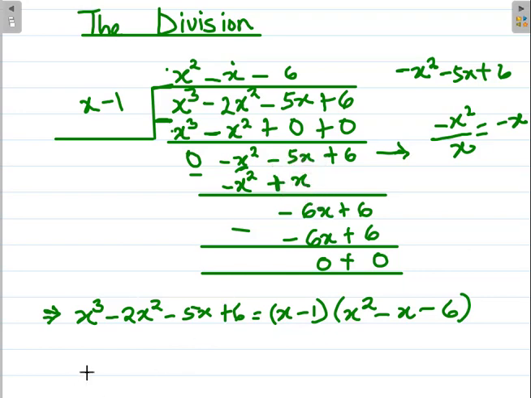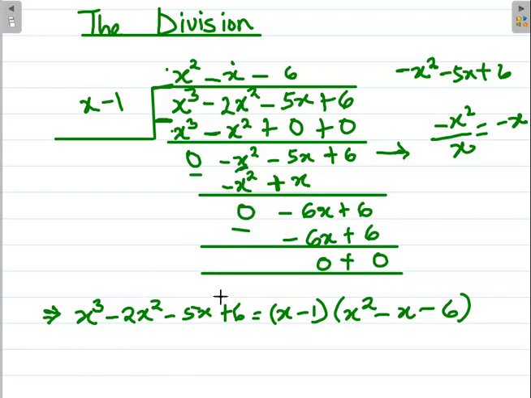Now, after doing that, the next thing is to subtract. You know that in long division, after you multiply, you subtract. So if we subtract, we have minus x squared minus minus x squared, that is minus x squared plus x squared, and that is going to give us 0.